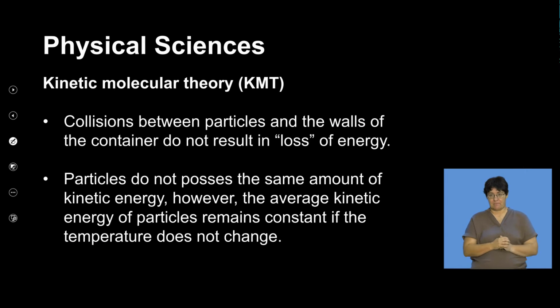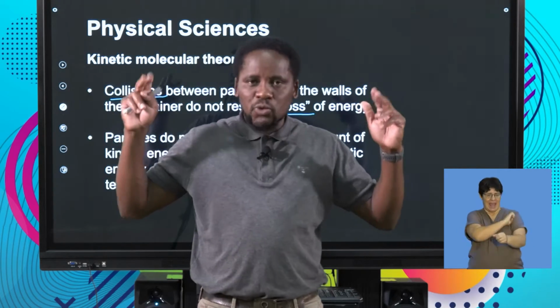And when it comes to the random movement, there will definitely be collisions between the particles and the walls of the container. According to the kinetic molecular theory, these collisions don't result in any loss of energy or energy transfer. Why are we saying transfer as opposed to loss?